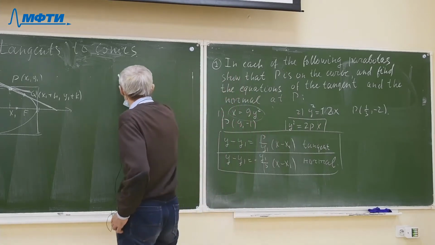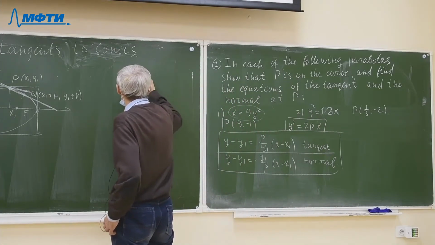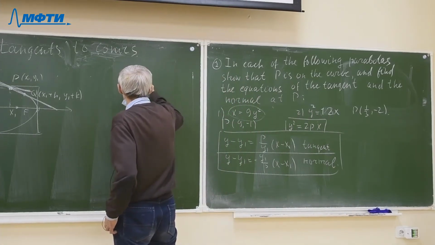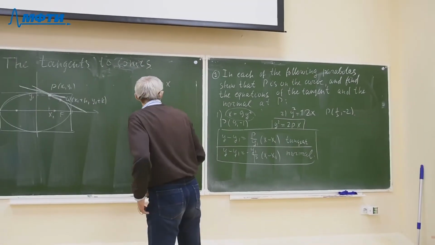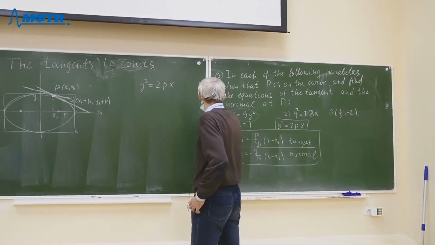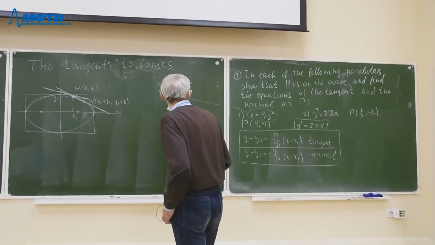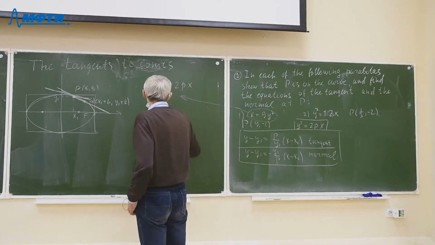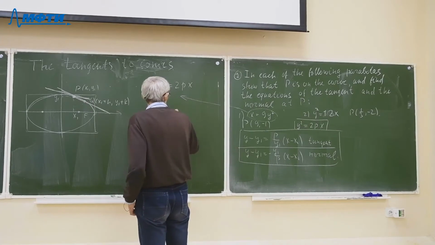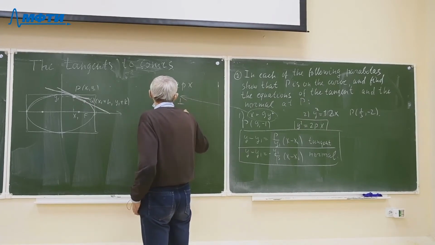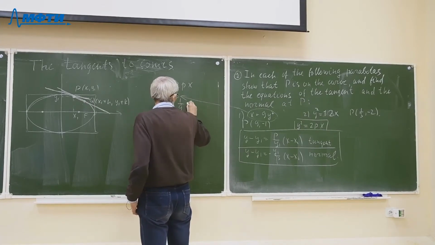In the standard form, we have the equation y square is equal to px, and we must rewrite this equation in this standard form, and we obtain that y square is equal 1 divided 9 x.